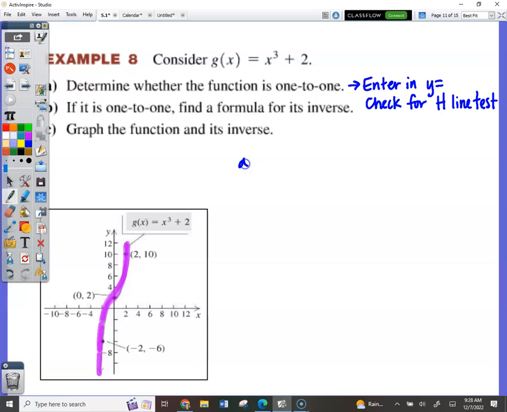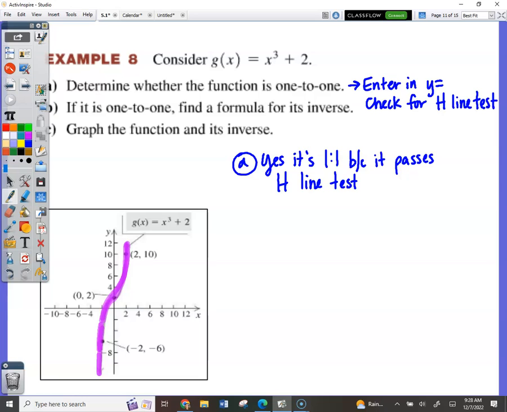So let's make a note. Yes, it's 1 to 1. We're going to make a note because it passes the H-line test. If it passes the horizontal line test, then that means you can keep going.